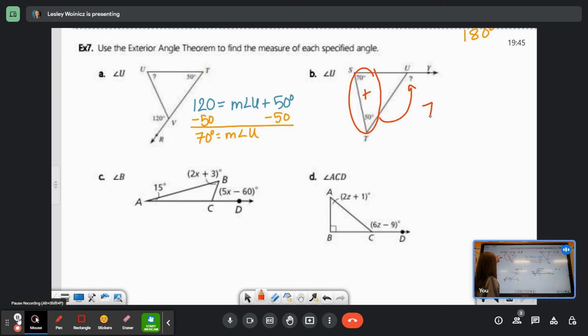So 70 plus, is this the same picture? This might be the same picture, guys. They might have just spun it on me. 70 plus 50 equals 120 degrees. All right, so the measure of angle U is 120 degrees.